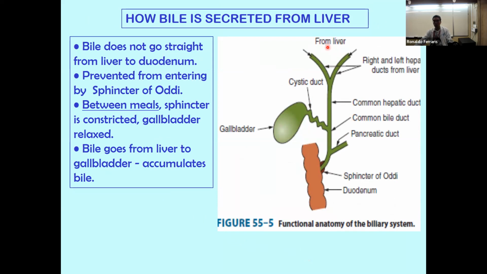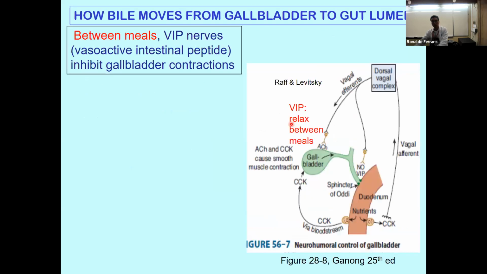So bile from your liver would then go by default into the gallbladder. Between meals, you have these vasoactive nerves, which have VIP, or vasoactive intestinal peptide. Between meals, they inhibit gallbladder contractions, and the sphincter is closed by default.